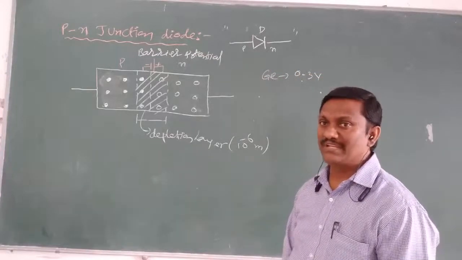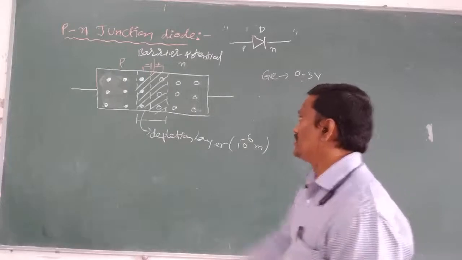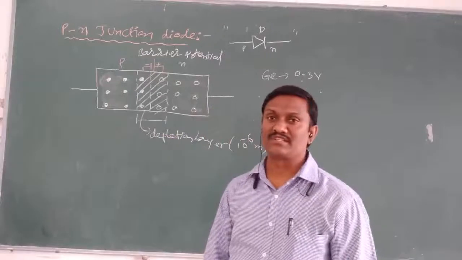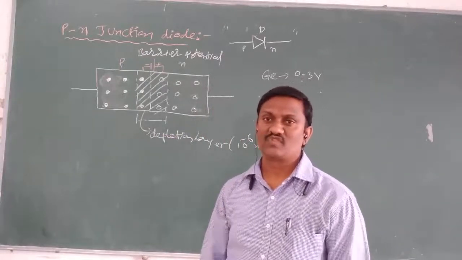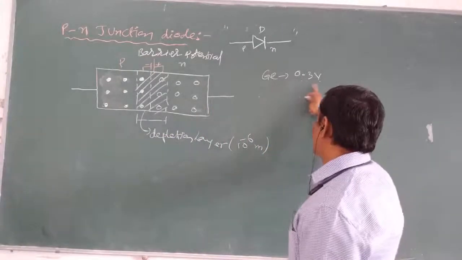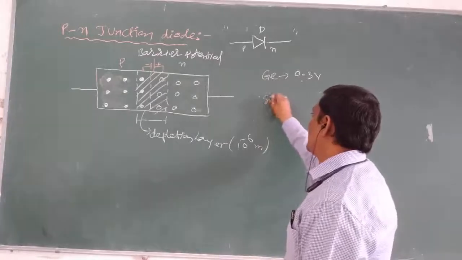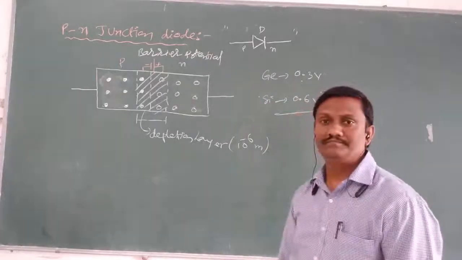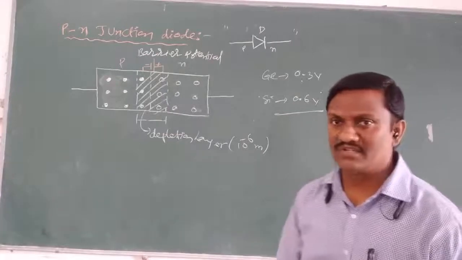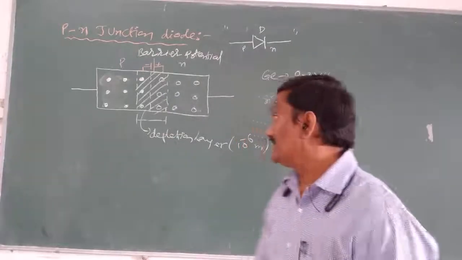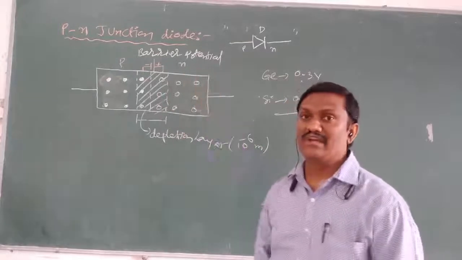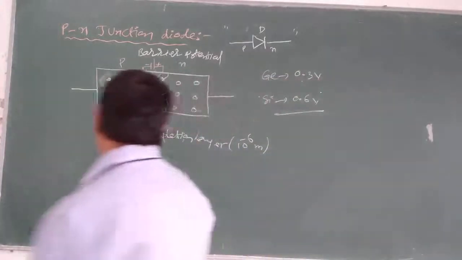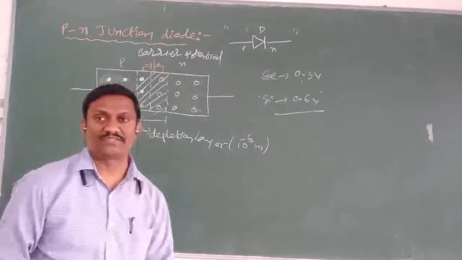If the applied potential is less than 0.3 volts, these carriers do not cross the junction. In the case of a silicon diode, this barrier potential is 0.6 volts. So 0.3 volts or 0.6 volts depends on the type of semiconducting crystal. Germanium means barrier potential 0.3 and silicon means 0.6 volts.